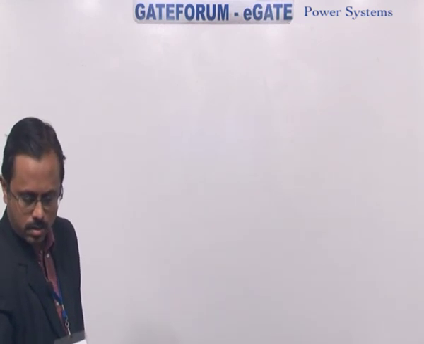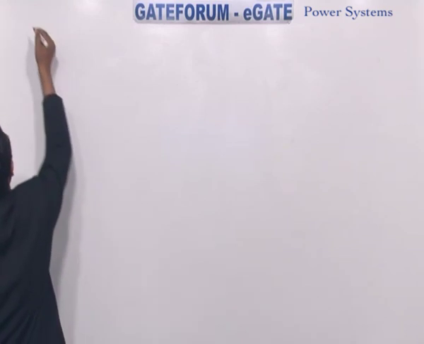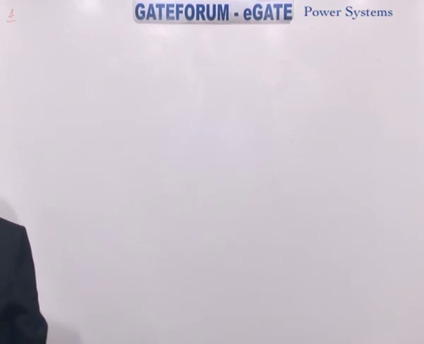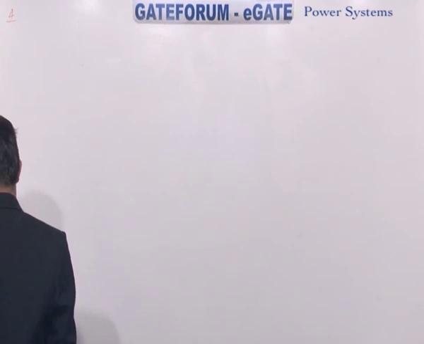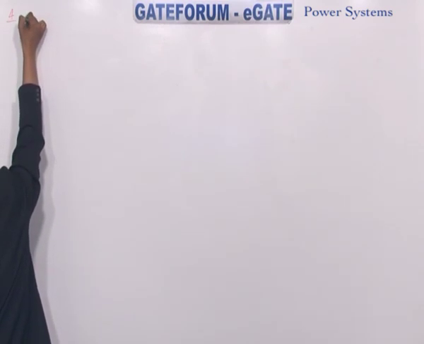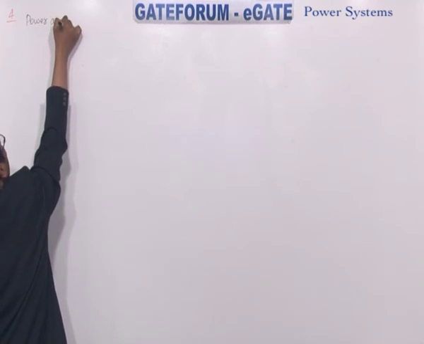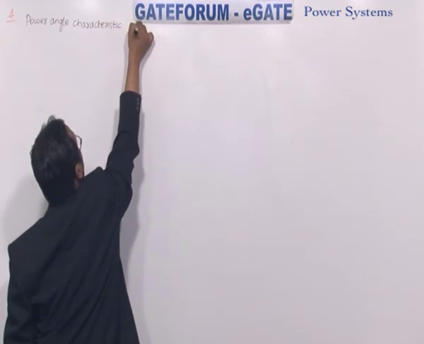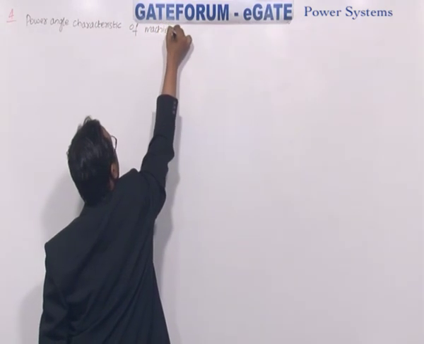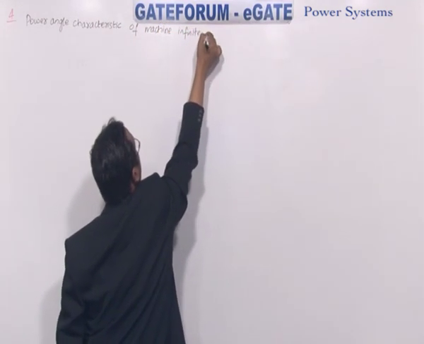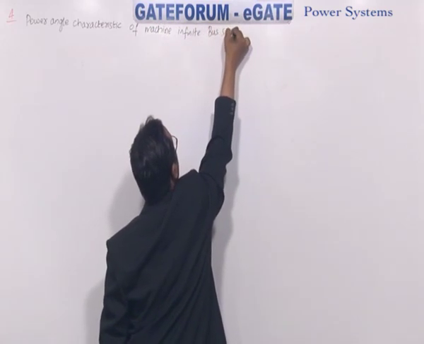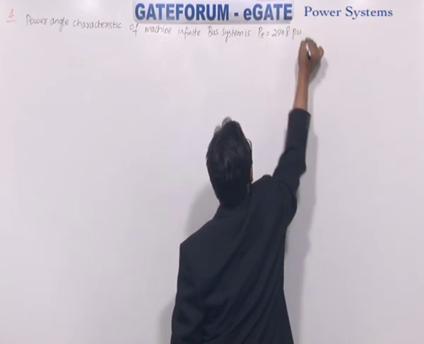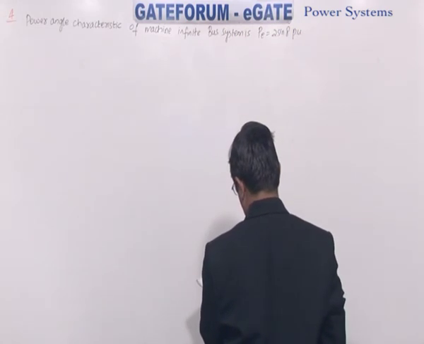Now we solve this next question. The power angle characteristic of a machine infinite bus system is PE equal to 2 sine delta per unit.